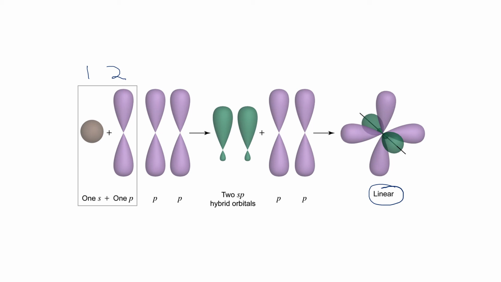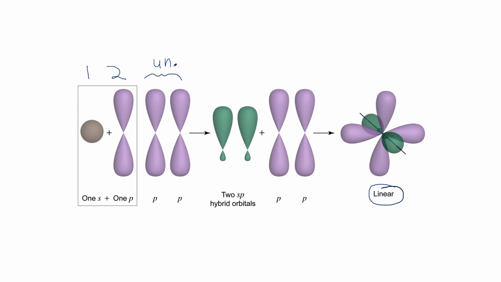So we'll take 1 s and 1 p. That leaves 2 unhybridized p orbitals that can be used for pi bonding. So that allows the molecule to use the hybrid orbital for the sigma bond, and then possibly do 2 more pi bonds for a grand total of 3 bonds, or a triple bond.